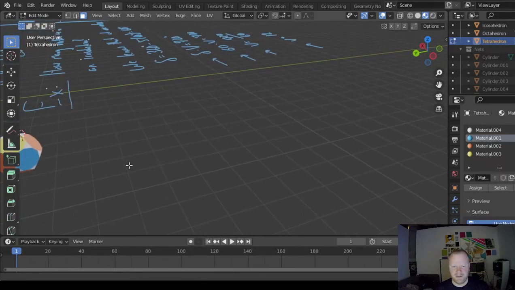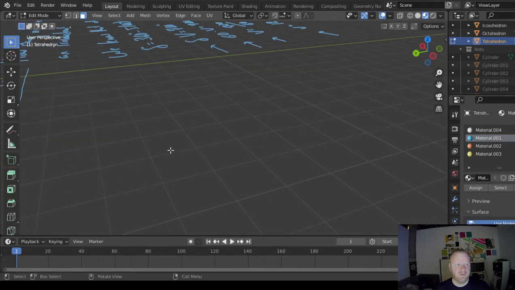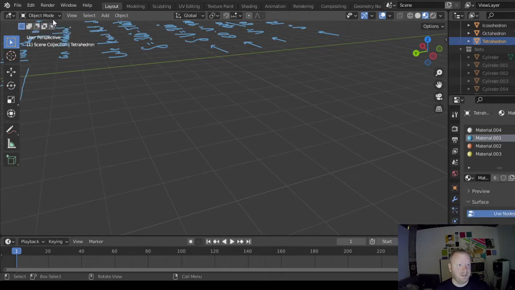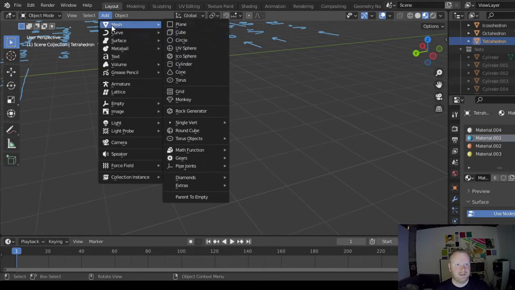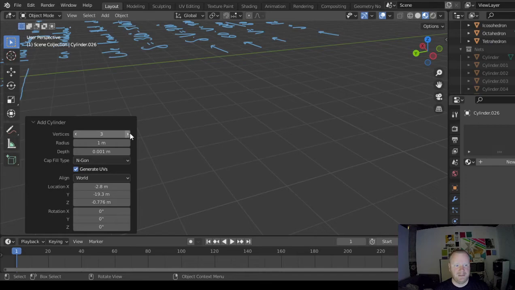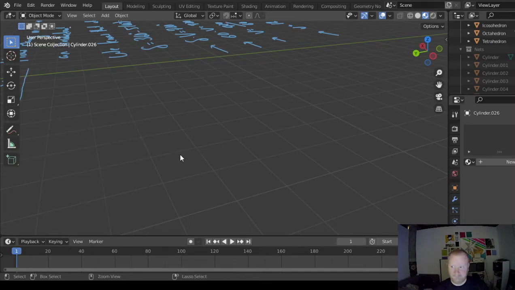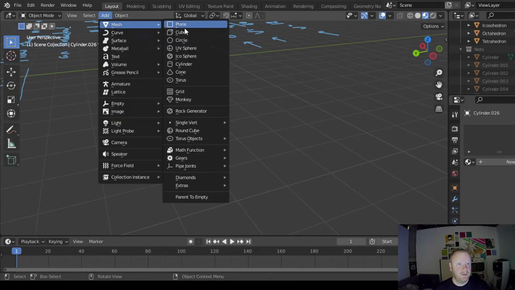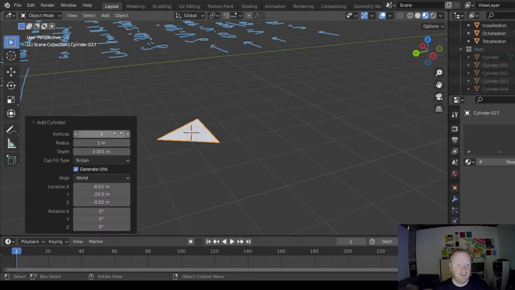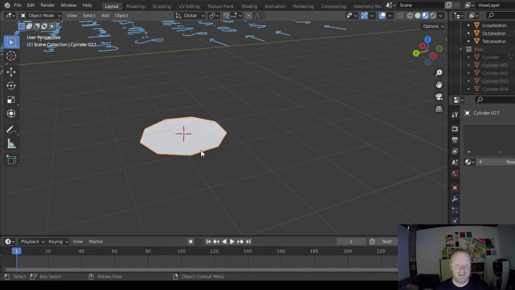So I mentioned there was another way to make semi-regular polyhedra, and we can actually get two types out of this. So one of them is called a prism, the other one's called an antiprism. I'll start off by just adding a 9-sided object here.